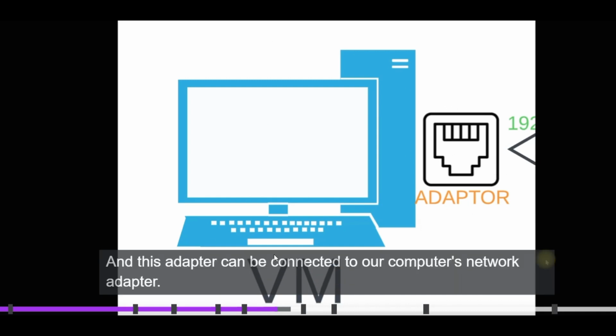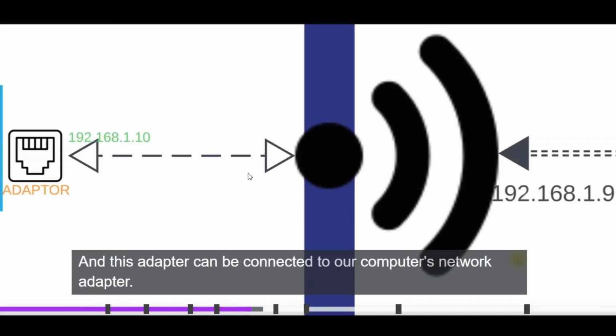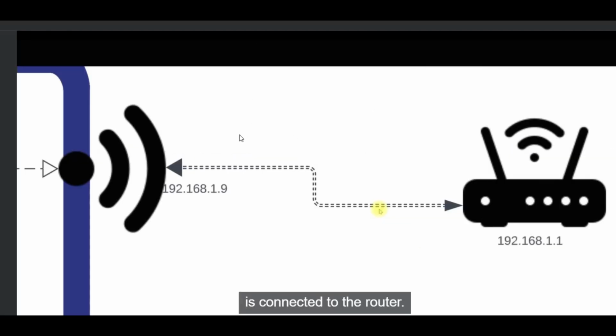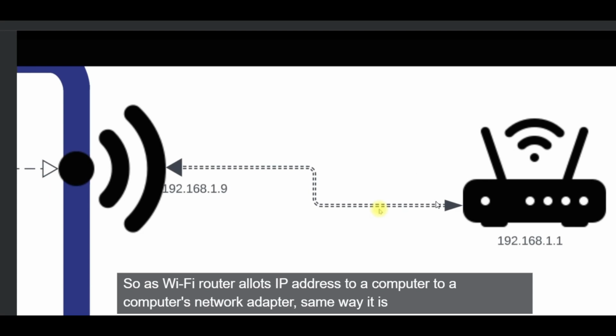This virtual adapter can be connected to our computer's network adapter, on our laptop or PC. We know that our computer's network adapter is connected to the router, in this case the Wi-Fi router.